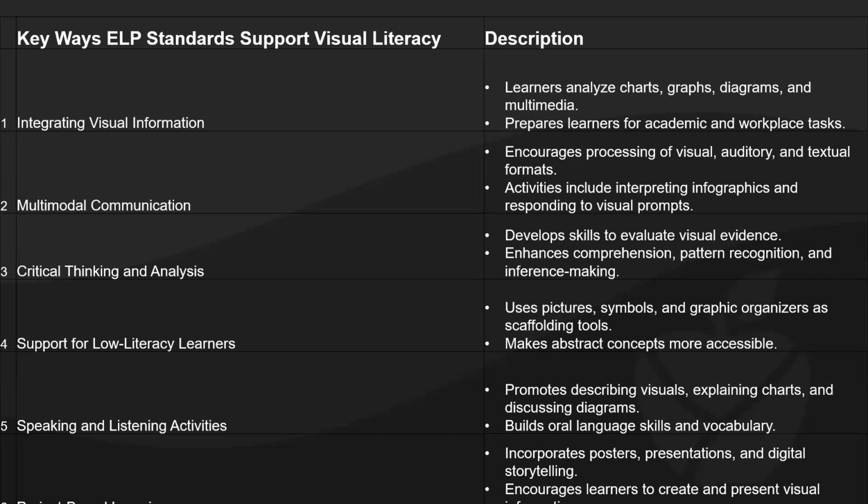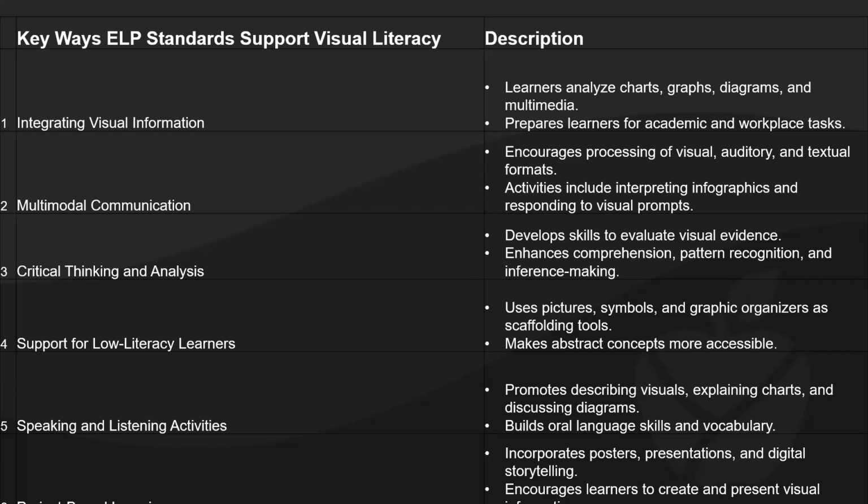These standards for adult education promote visual literacy by encouraging the integration and evaluation of visual information such as charts, graphs, and multimedia. They emphasize communication, enabling learners to interpret visual, auditory, and textual content.